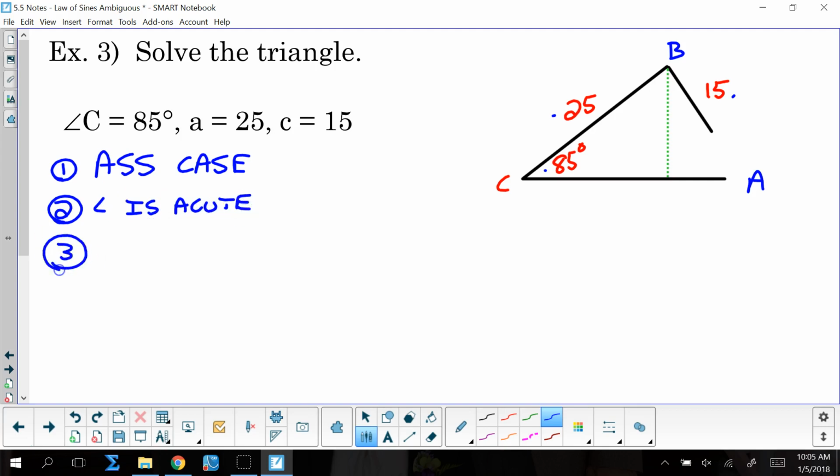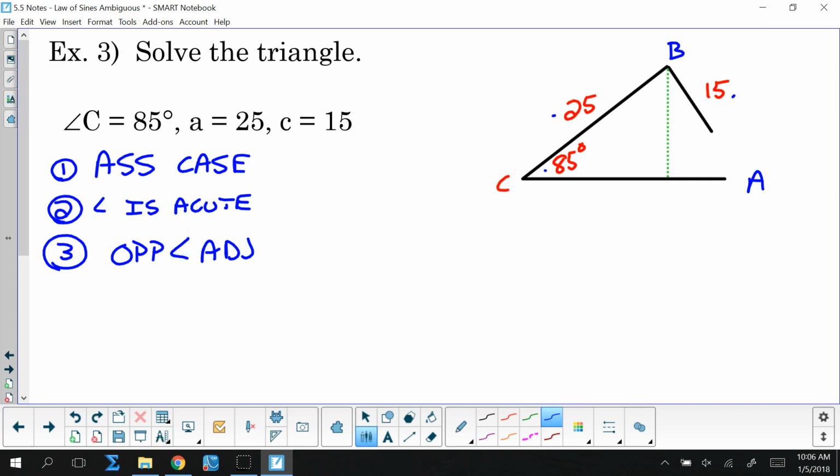Third question you have to ask yourself is, I need to compare my opposite side to my adjacent side. Which one's bigger? The adjacent side is bigger, right?